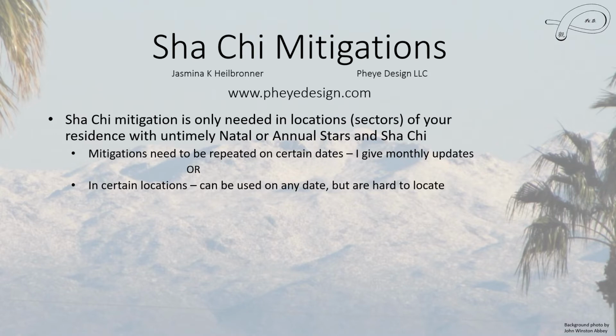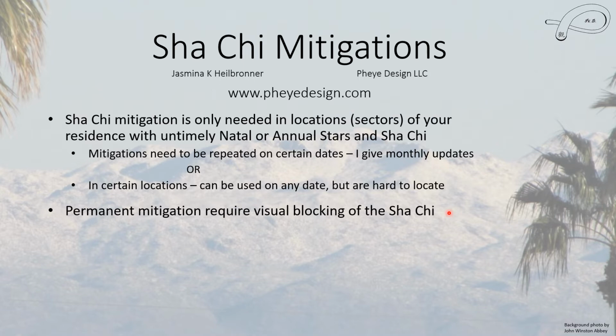I think I could be wrong about that, but there is actually a better way to deal with Sha Chi, and it's a more permanent mitigation. And that basically requires visual blocking of the object that is Sha Chi. This can be done by planting an evergreen tree so that the leaves block the view permanently. You can also, if it's a window, always leave the curtains drawn so you can't see it.